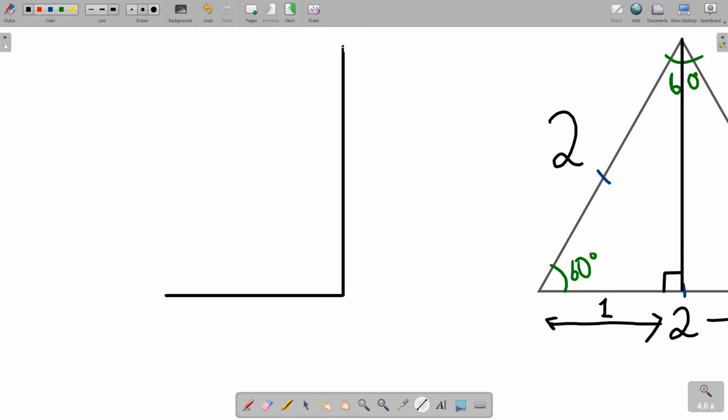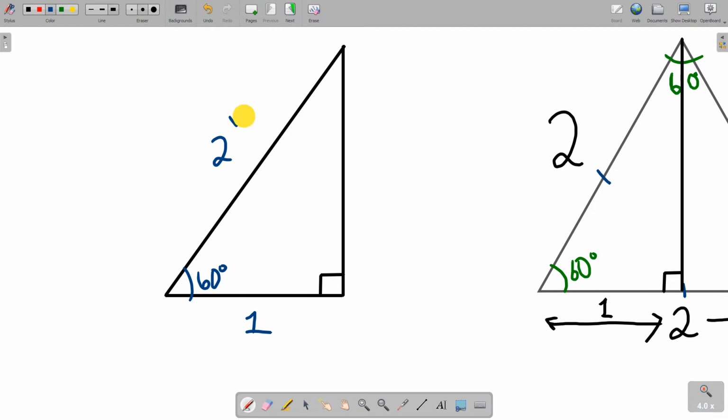This is really important. That's a right triangle. All this trigonometry so far is right angle trigonometry for a reason. This is 60 degrees. This is exactly 2. This length is exactly 1. Remember that this is the hypotenuse. This is the adjacent. Back to the old school terms.